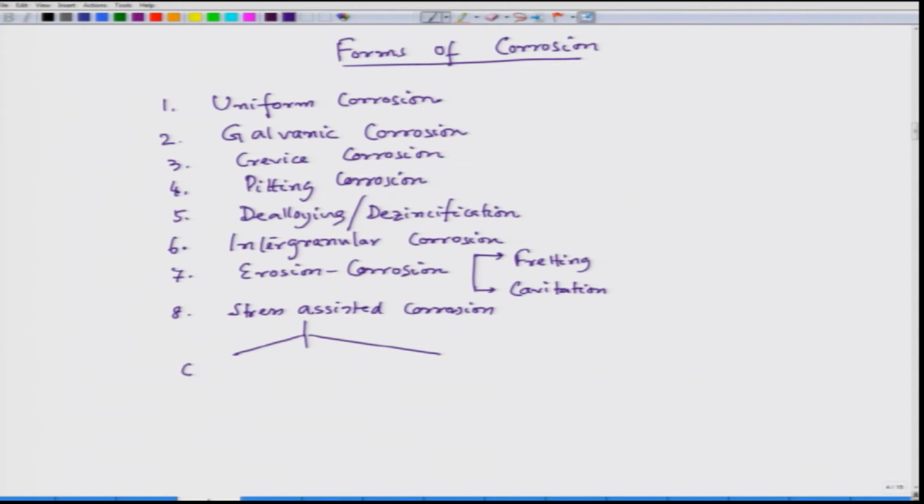One is stress corrosion, then corrosion fatigue, and another one is hydrogen embrittlement. And in case of hydrogen embrittlement, we have a few other forms. For example, hydrogen blistering is one form.